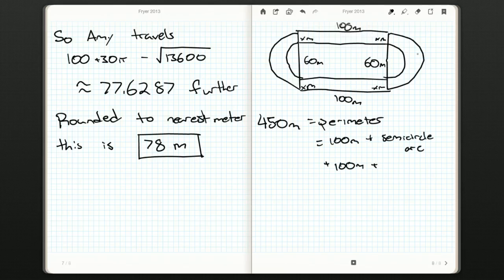So 100 meters, semicircular arc, 100 meters, semicircular arc, the big ones this time, the big semicircles. So 2 times the semicircular arc.